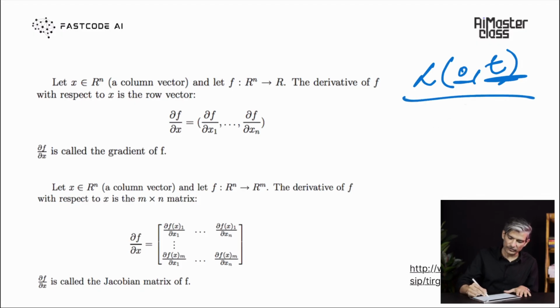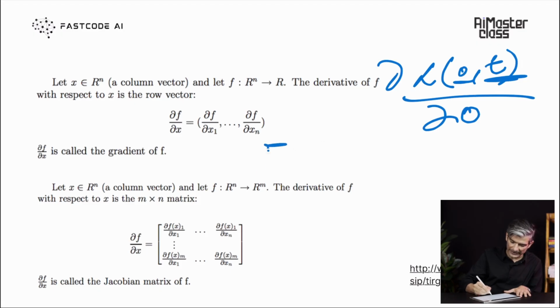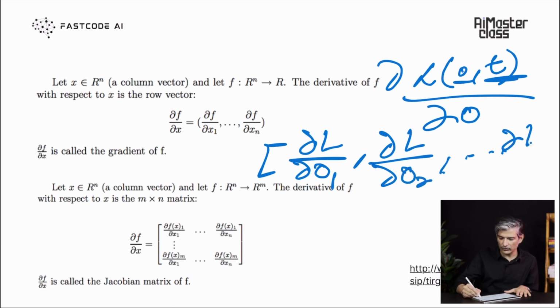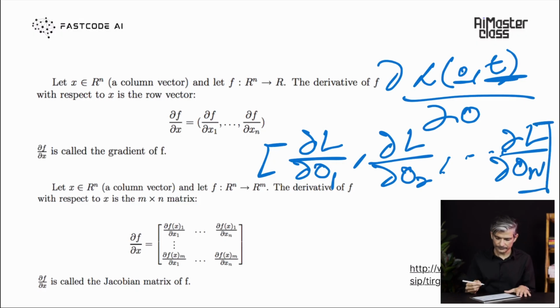So we can find the gradient of the loss with respect to the output. And what will it look like? It will look like this row vector, which will have the partial derivative of loss with respect to the first component of output, O1, then the partial derivative of loss with respect to the second component of output, O2, all the way to the partial derivative of loss with respect to the last component of output, On.